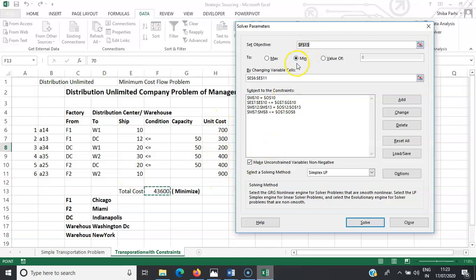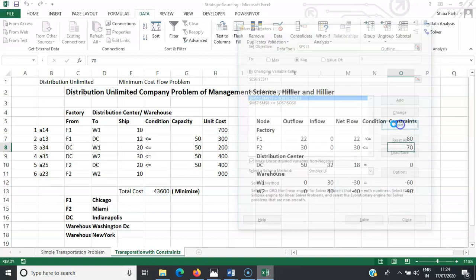So this is the total cost that I want to minimize, and these shipping quantities are my variables here. And if we see the constraints, let me delete all. So let me delete, then let me put one after the other so that all of us can understand better.